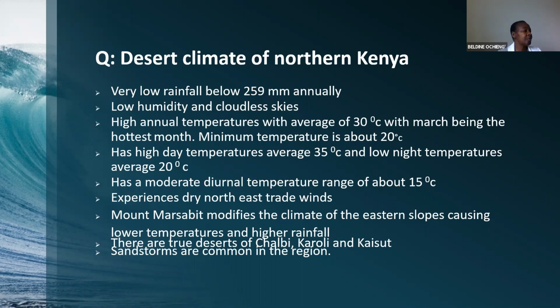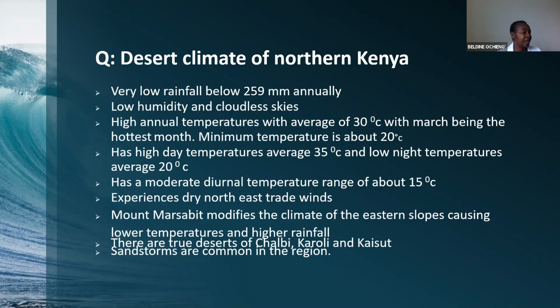High annual temperature with an average of 30 degrees, with March being the hottest month. Minimum temperature is about 20 degrees Celsius. That is desert. It has high temperatures in the day and low night temperatures averaging 20.